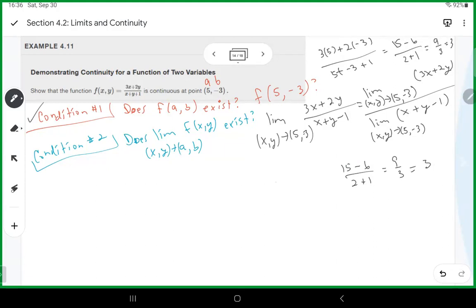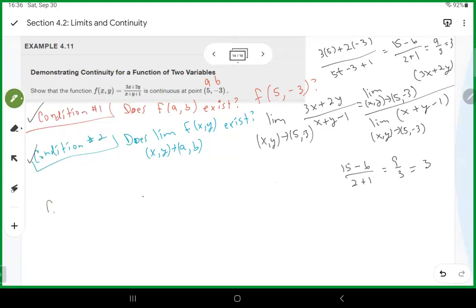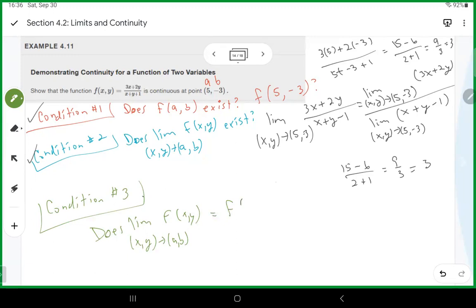Okay, so because conditions 1 and 2 are met, condition 3 states that the limit, so does the limit of f of x y equal f of a b?